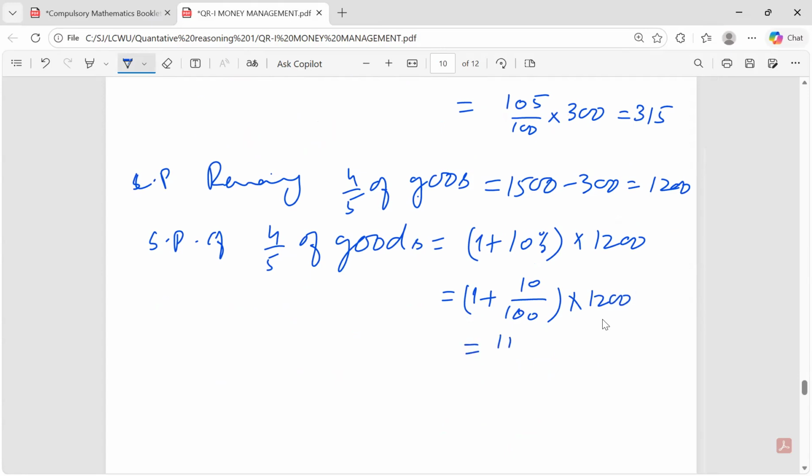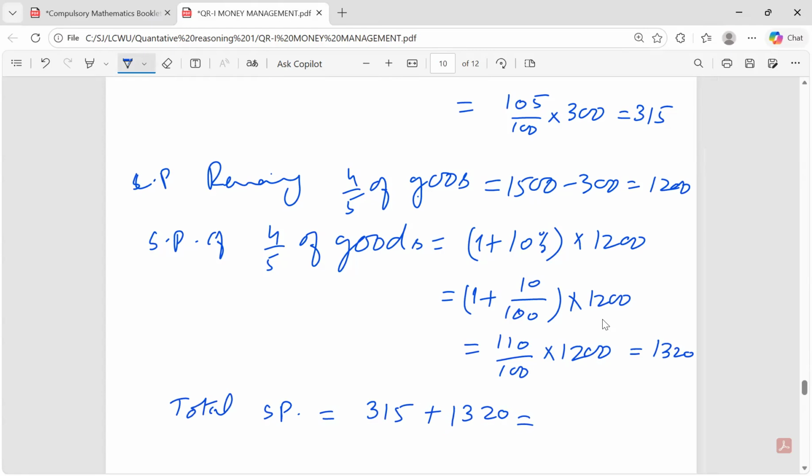After simplification, you will have 110 by 100 of 1200, that is 12 ones are 12, and you are left with 1320 rupees. So the total sale price is equal to 315 plus 1320 rupees, which is equal to 1635 rupees.